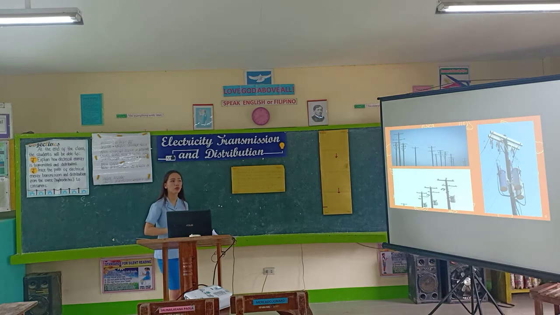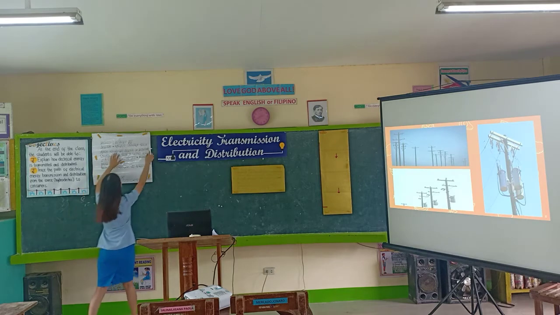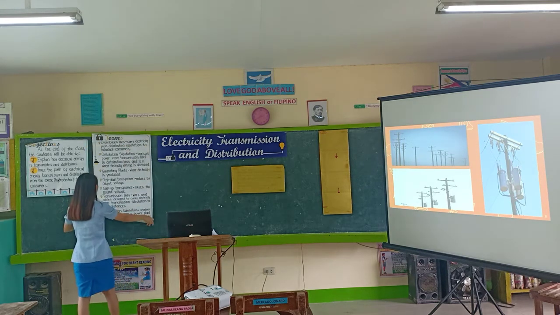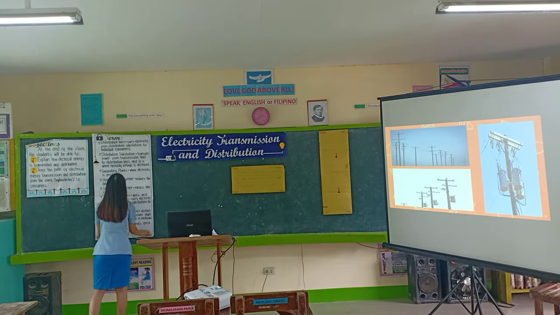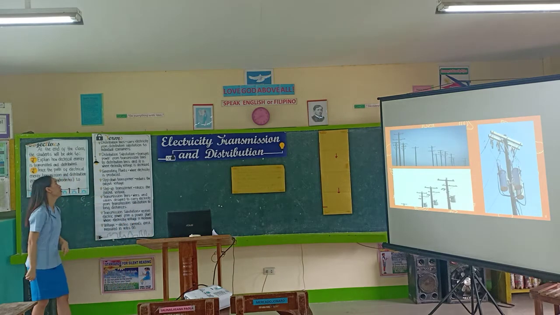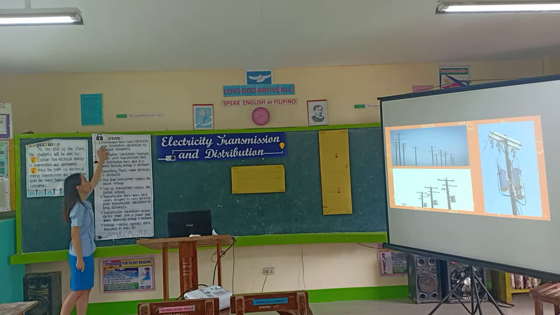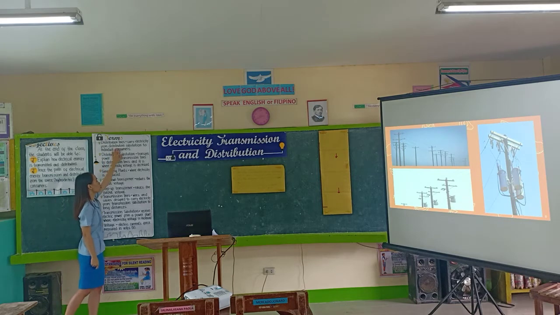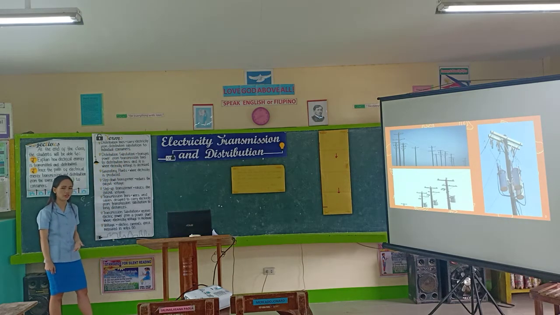Now, we will unlock some terms that we will be using in our discussion. The first term is distribution lines. Distribution lines carry electricity from the distribution substation to individual consumers.